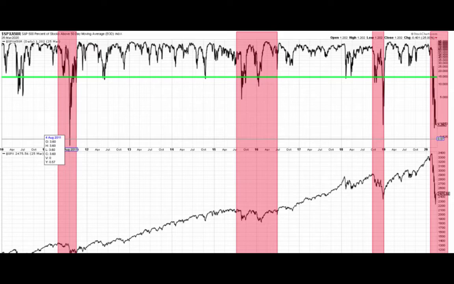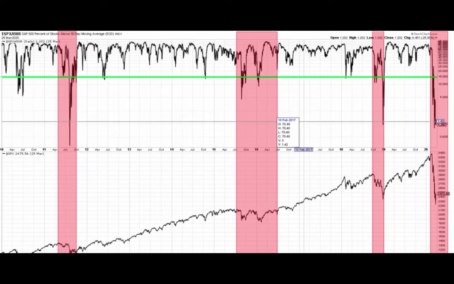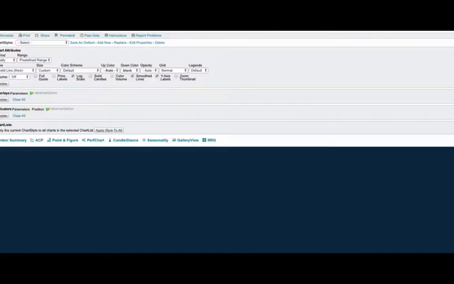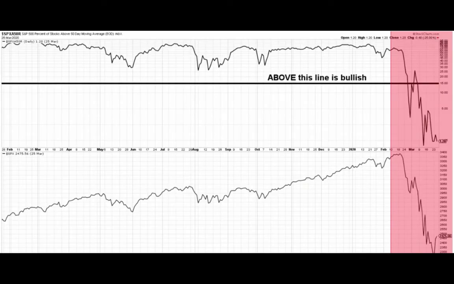Okay, so this one is a faster indicator because this is just the 50-day moving average. So how many stocks are above or below their 50-day moving average? So now let's zoom into this. As you can see, there's still not a lot of stocks above their 50-day moving average. Now, it's a heck of a lot easier to get above your 50-day than your 200-day.